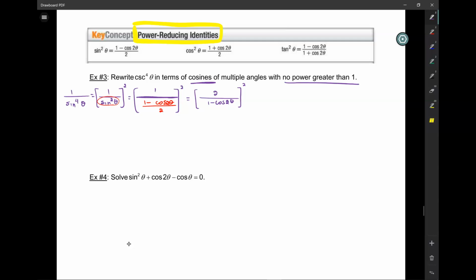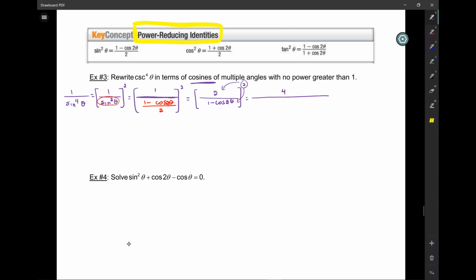What we're going to do is distribute that square to everybody inside. So, we square 2, that's 4 over.